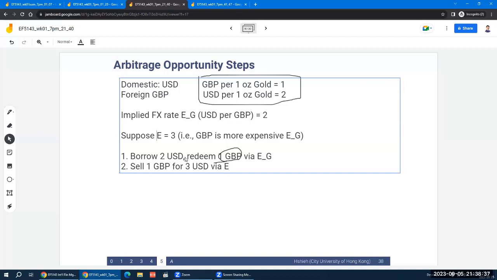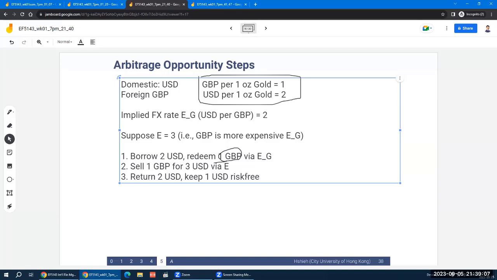Because that's what the market quotes. Some market maker decides to give me a rate of $3 per British pound. So I sell that guy 1 British pound, he gives me $3. So finally, I return 2 US dollars and I keep 1 USD risk-free. Done. I got something from nothing.